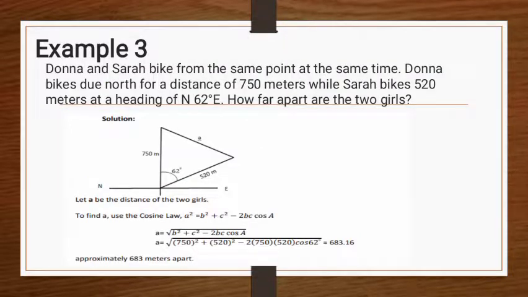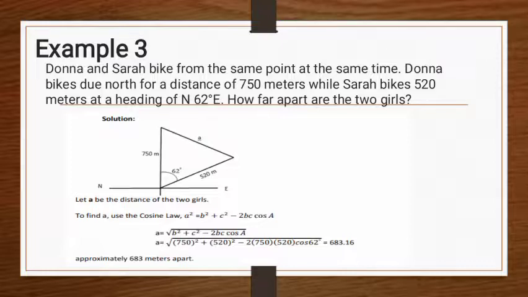Example 3. Donna and Sarah bike from the same point at the same time. Donna bikes due north for a distance of 750 meters while Sarah bikes 520 meters at a heading of north 62 degrees east. How far apart are the two girls? Let A be the distance between the two girls. To find A, use the cosine law.